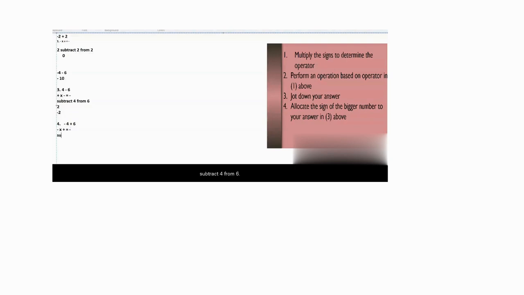Subtract 4 from 6. This gives us 2. Allocate the sign of the bigger number to your answer. The bigger number in this case is 6, as against the other example where it is minus 6. So the sign here is going to be a plus 2, or just 2.